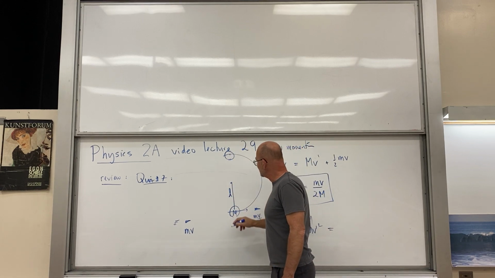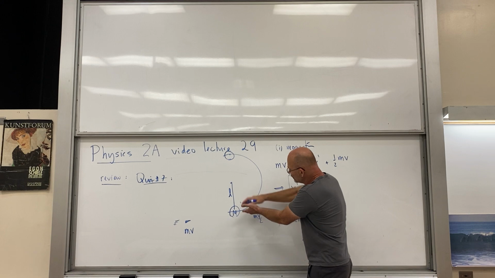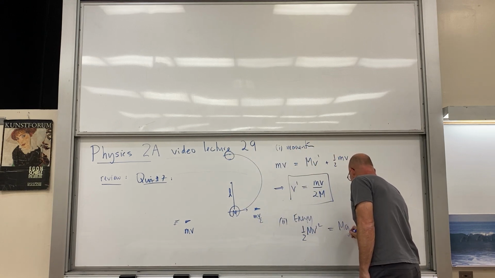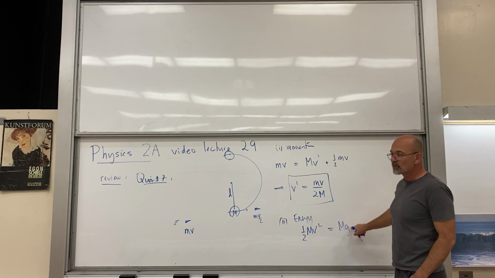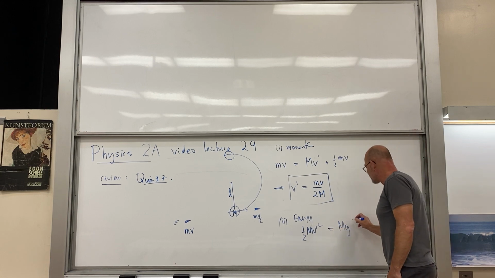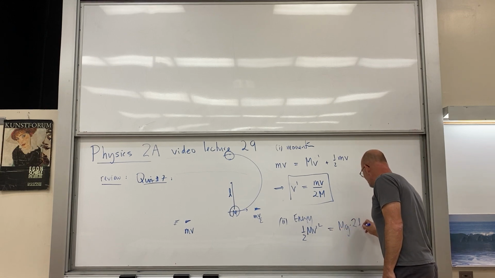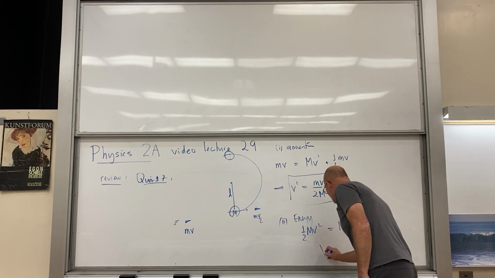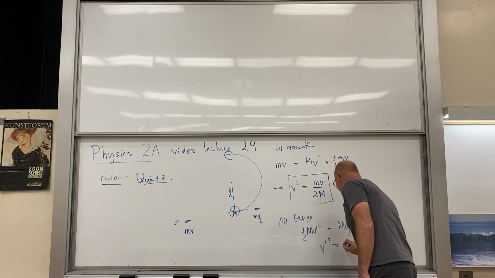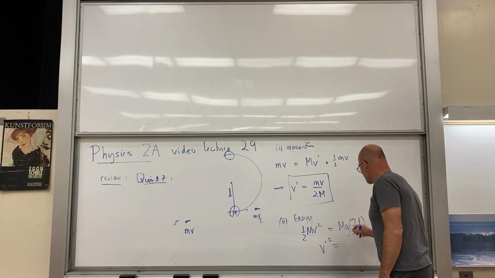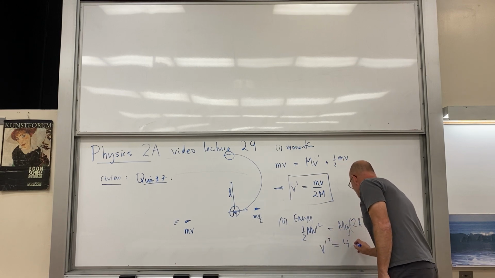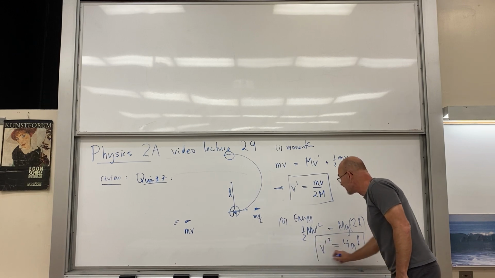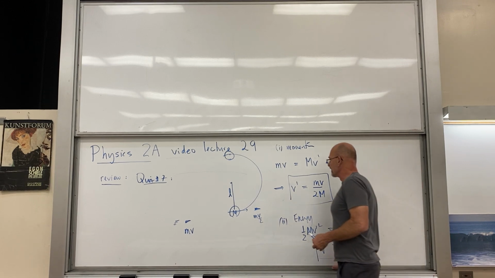This was L, so that's a height of 2L, so that is equal to mg times h, and h is 2 times L. This simplifies as well. V prime squared is equal to, a 2 and a 2 is a 4, times g times L. We'll hold on to that as well, and then we can solve the whole thing.